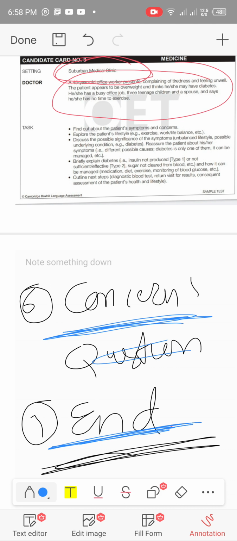So: intro, thank you, empathy and the reassurance, understanding, question, and the proper ending. This is the way you're gonna communicate in your OET speaking.